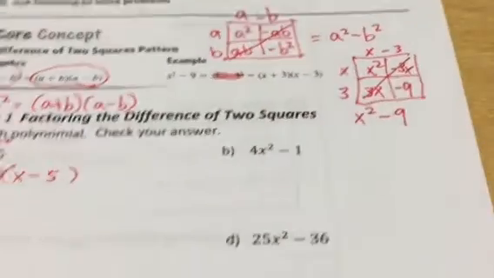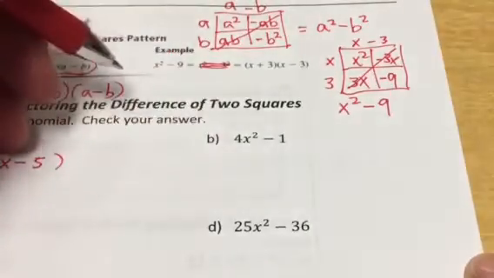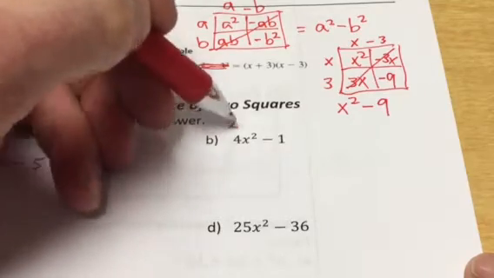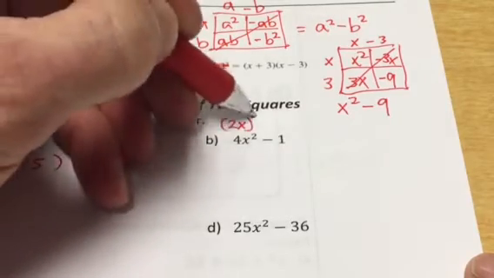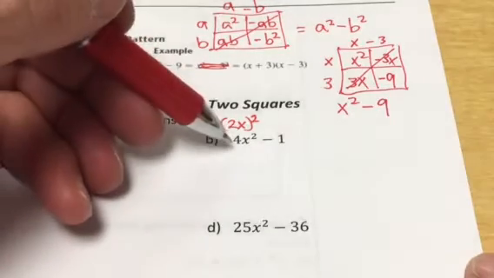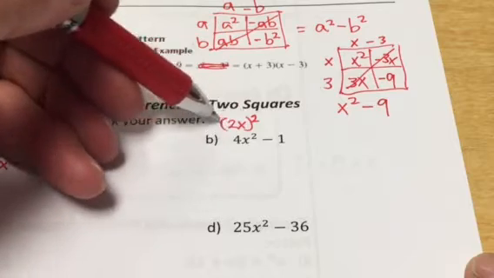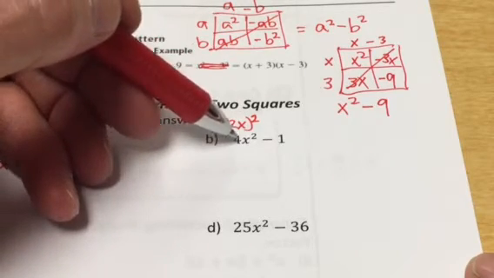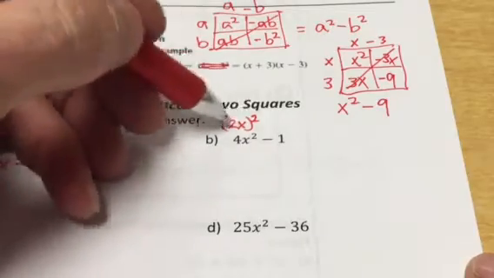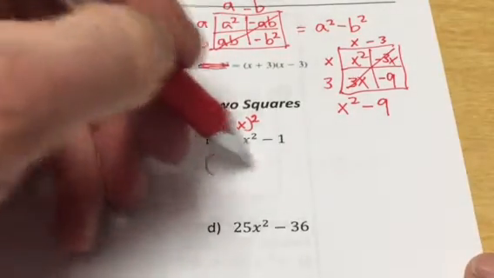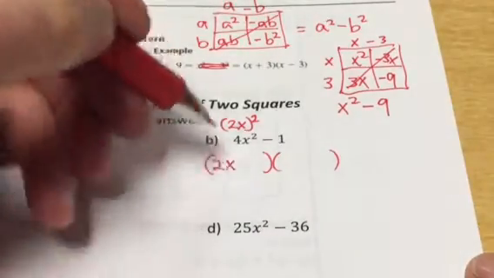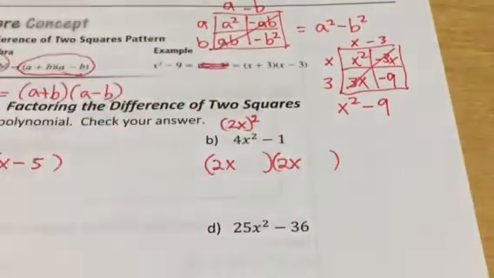In example B over here, this time the thing that is being squared is actually 2x. 2x squared written this way is the same thing as 4x squared written this way, because you're going to square the 2. So in our parentheses for our factors, we're looking at 2x as being the leading term for each of those.